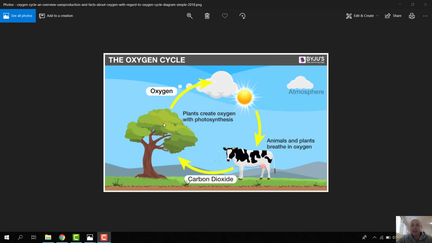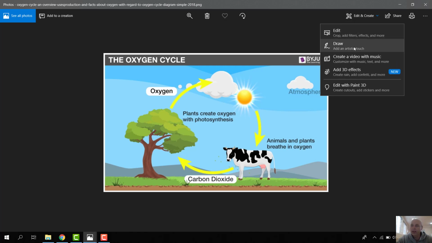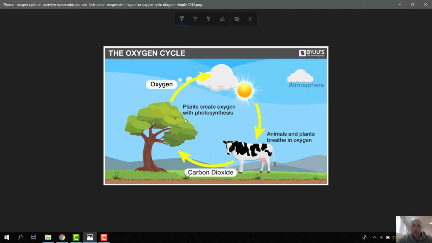Let's start with the plants. It says plants create oxygen with photosynthesis. Yes, we know that. Let me draw. So these plants have released oxygen into the atmosphere just as a byproduct of photosynthesis. That oxygen now can be used by animals and plants.